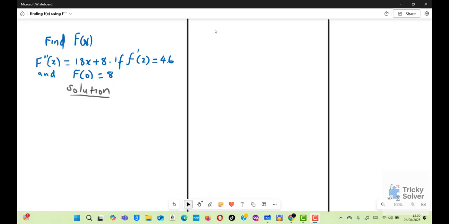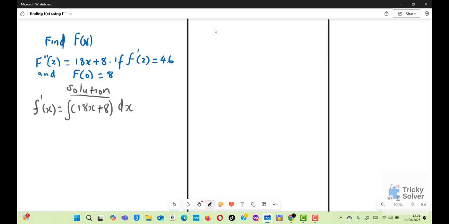Now we start by integrating the second derivative to get the first derivative. If the first derivative is f prime of x, we get it by integrating the second derivative, that is, 18x plus 8 with respect to x. Now we find the integral of each part of this function, so we integrate term by term.